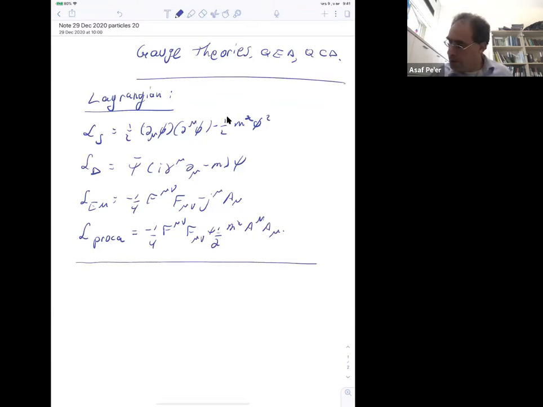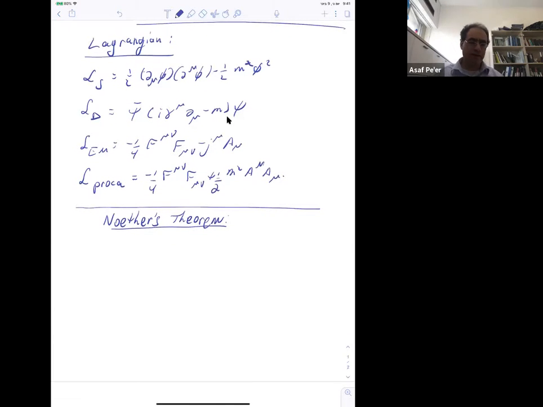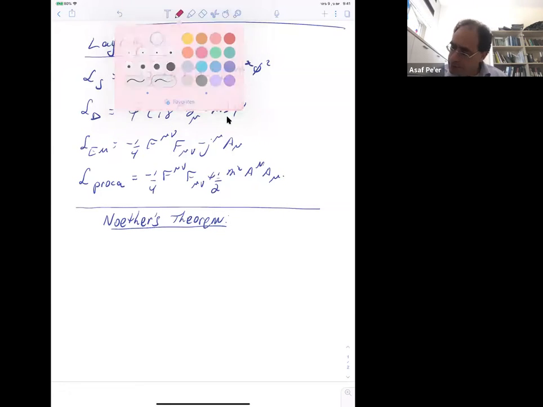And then I stated the most important theorem, whose consequences we're going to explore today, which is Noether's theorem, which states that every continuous symmetry of the Lagrangian gives rise to a conserved current, J mu. Let's write it down.